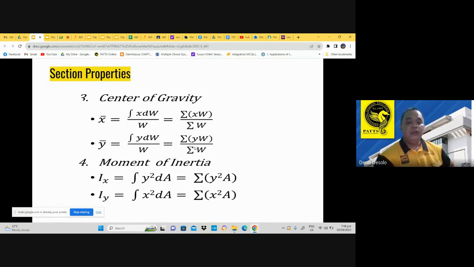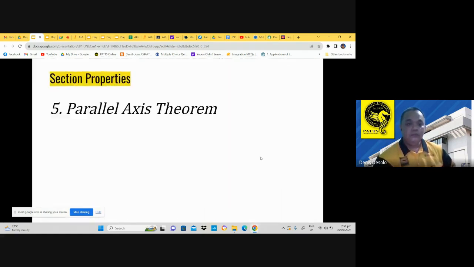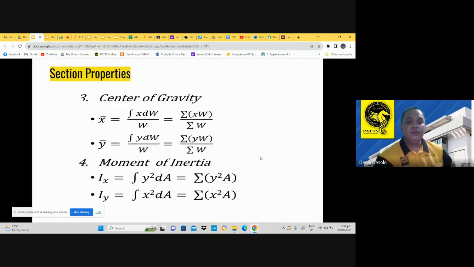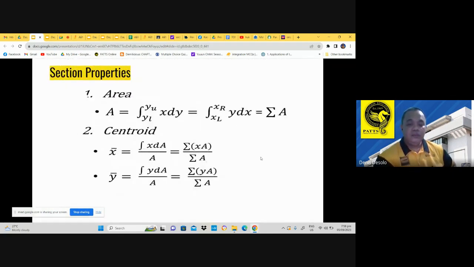Now, of course, there's also the parallel axis theorem, or the transfer formula. There's also a part on the formulas included in this course material which is applicable for the composite method.